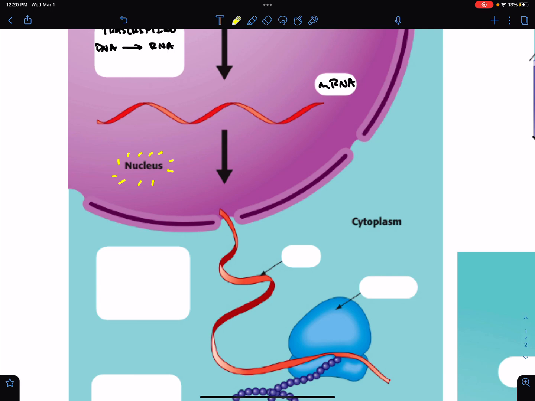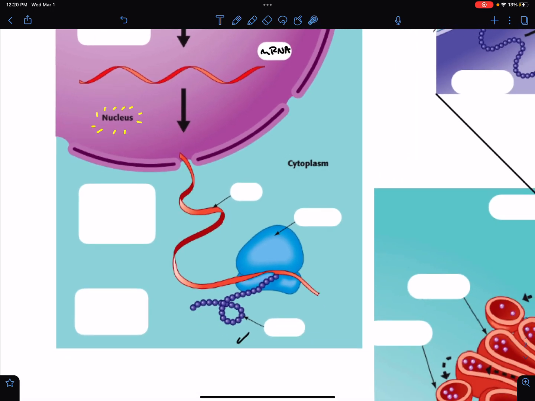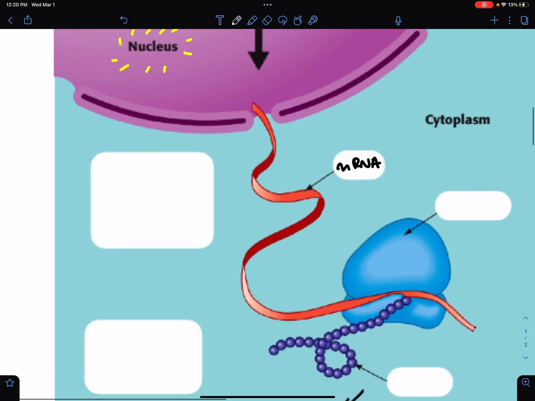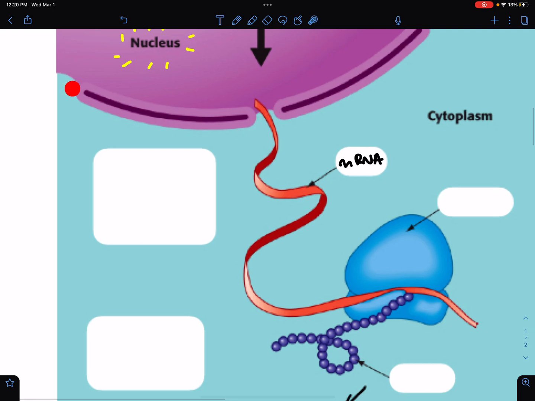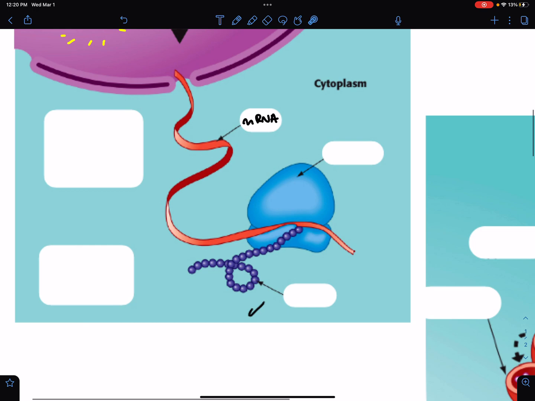But the mRNA has to exit the nucleus in order to be read and the message turned into a protein. So the mRNA exits the nucleus through a nuclear pore. The nucleus has little tiny holes in it that allow the mRNAs to escape. And in the cytoplasm, it's going to encounter a ribosome.